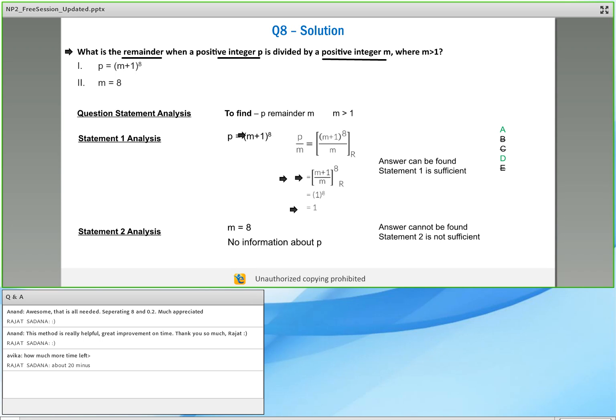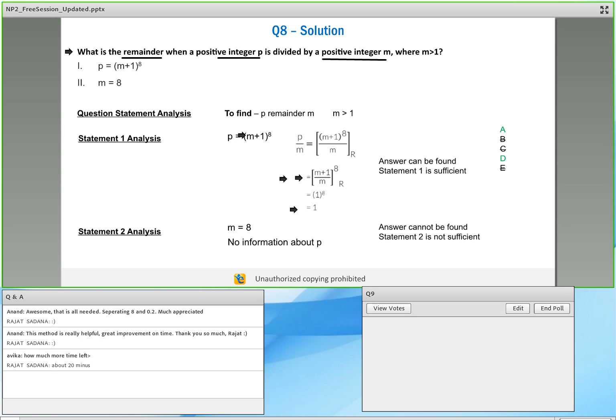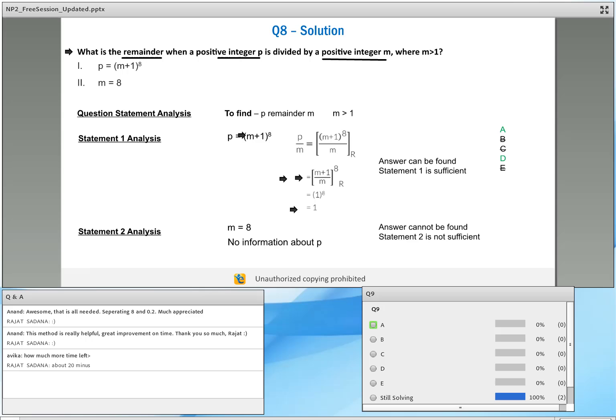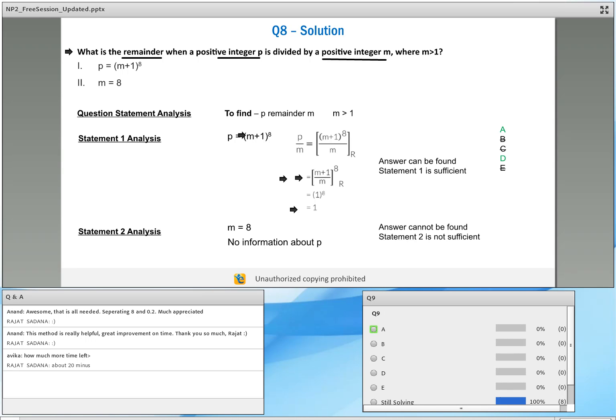So let's get to question number 9. Now these are Q50, Q51 questions. I will tell you that these are difficult questions. Even at 700 level, we are now hitting that 750 level question. But I want to make sure that you understand that they don't require difficult math.